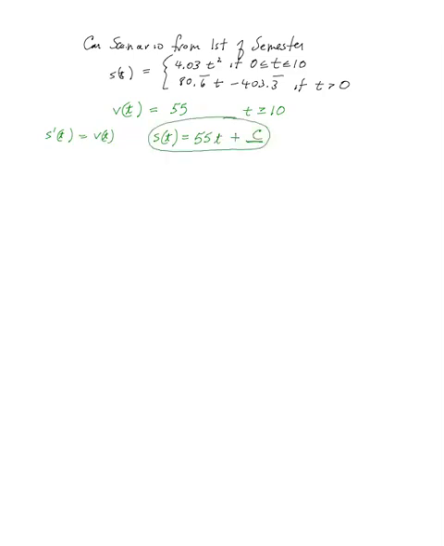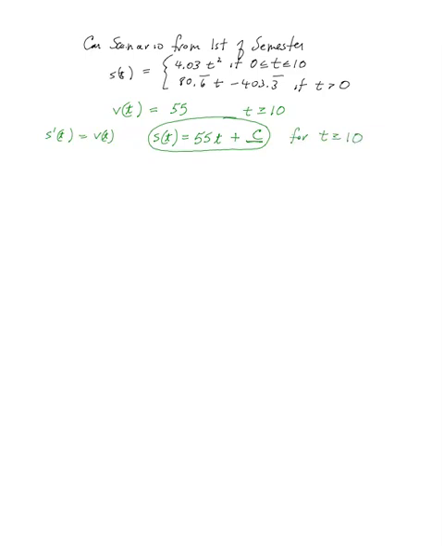If I take the derivative of s of t equal 55t plus c, and it makes sense to do that when t is greater than or equal to 10, guess what? I get 55, and that's 55 miles an hour. We still have to find this constant c.